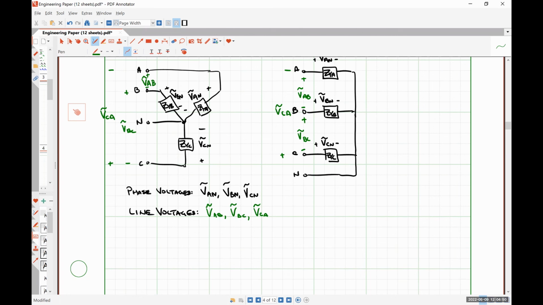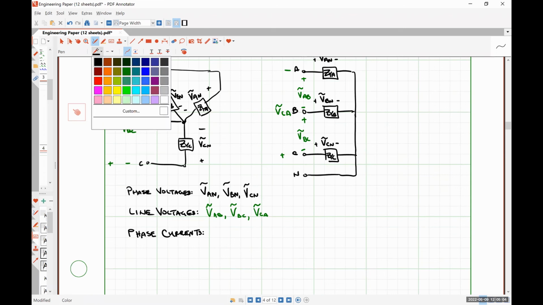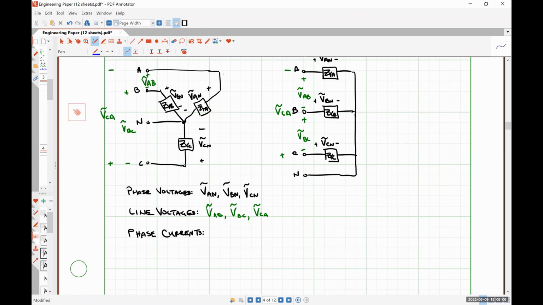And lastly, we will have our phase currents. Here's IAN, IBN, ICN.